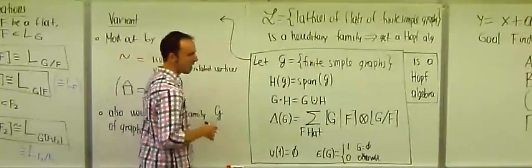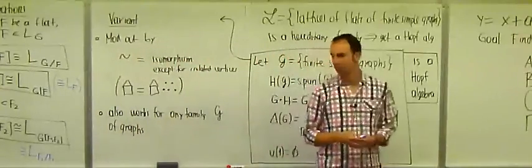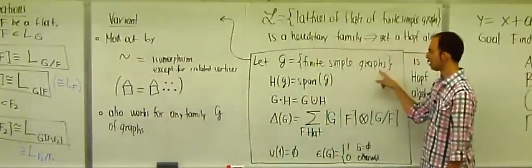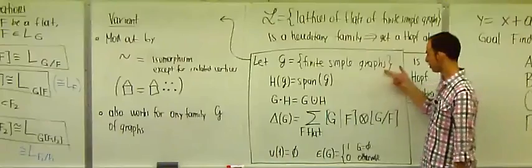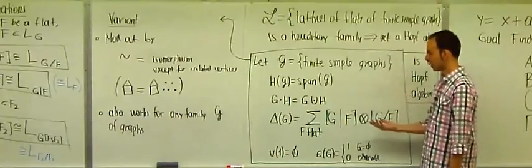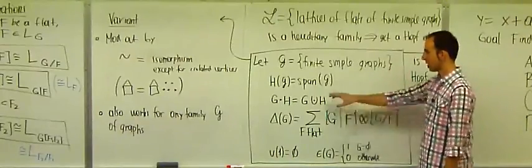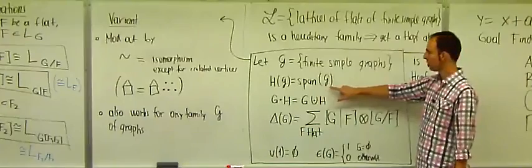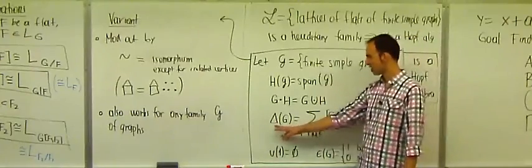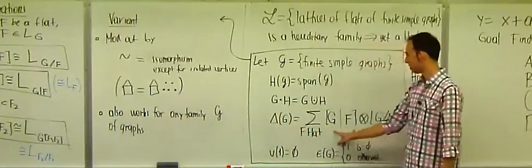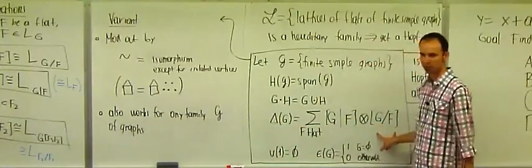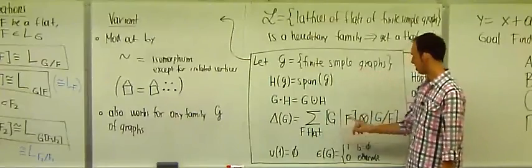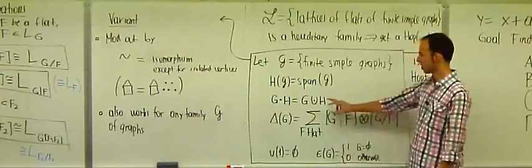Well, it doesn't work for any family of graphs. I could make this definition for a family of graphs, but what does that family have to satisfy? I'm thinking of the span of just some select set of graphs, but it should be that if you take the coproduct of a graph, then this should live in your set, and this should also be in your set. And so what you want is a family of graphs that is closed under this, closed under this, and closed under this.